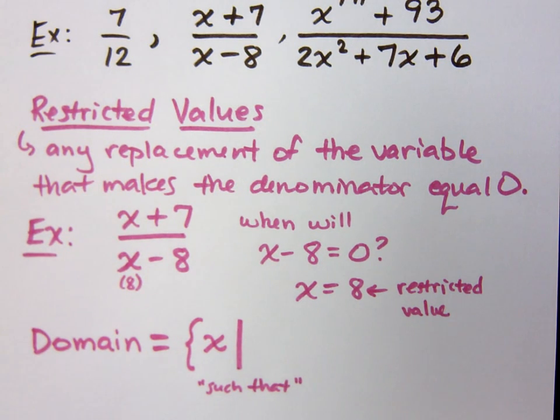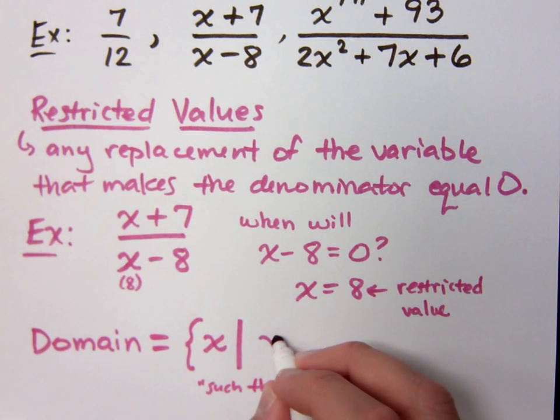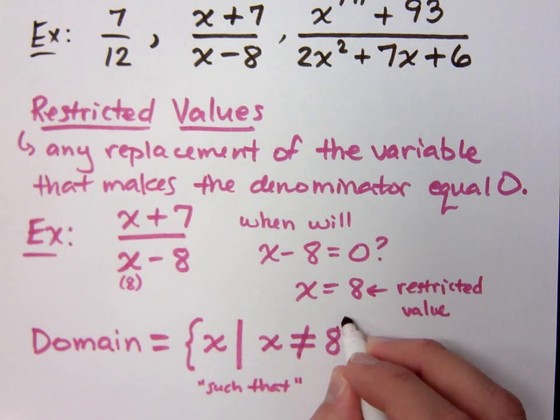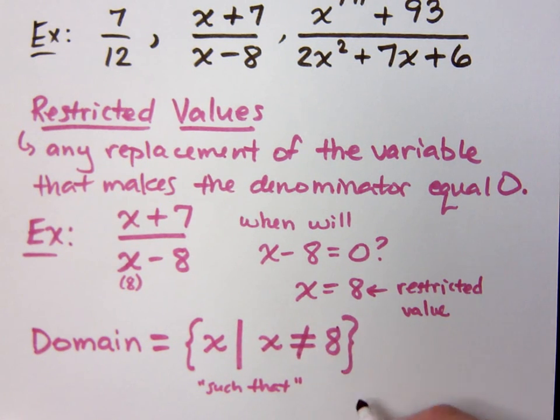For me, it's easier not to say what I can plug in, but to say what I can't plug in. I can plug in all x's as long as what? As long as x does not equal 8. Right? So I can plug in anything I want into that expression as long as x does not equal 8.